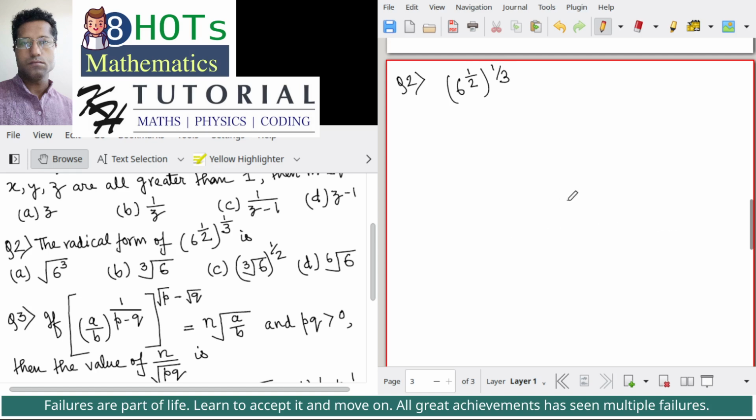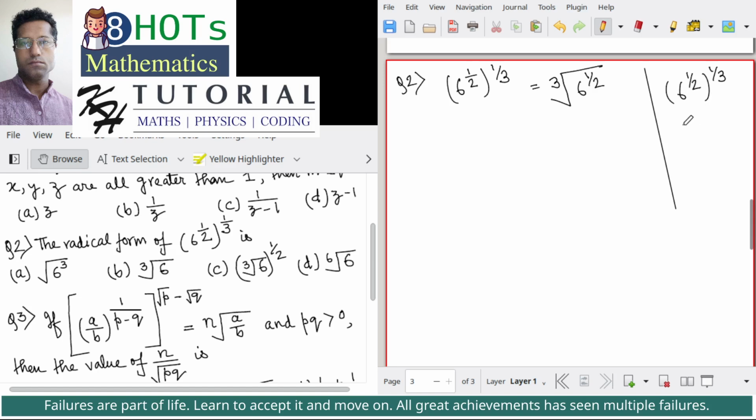We know that a power of 1 by 3 means cube root. So this will be equal to the cube root of 6 to the power half, because 6 raised to the power half was raised to the power 1 by 3.